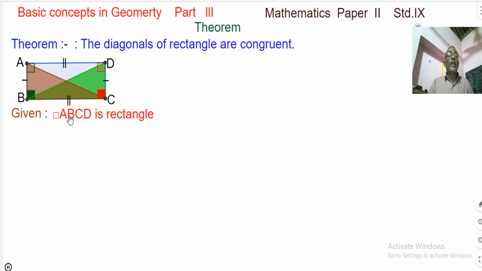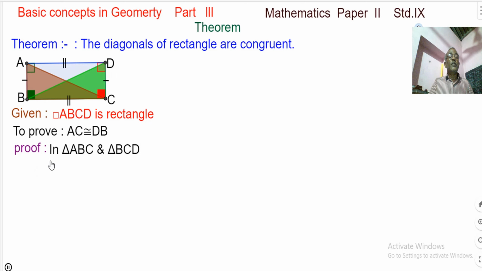Given: quadrilateral ABCD is a rectangle. To prove: AC congruent BD.